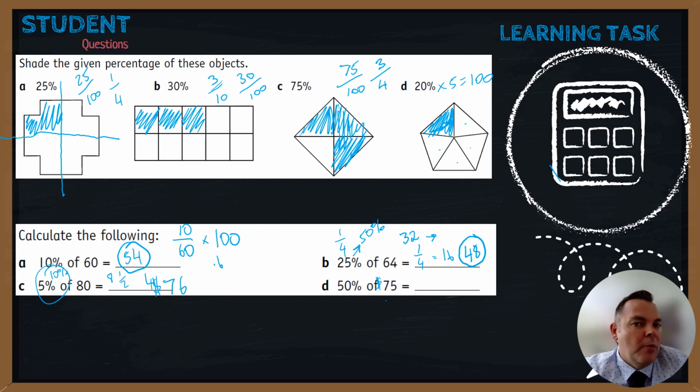So we need to figure out what half of $75 is. I can go round about, I can say, well, half of $70 is 35. And then half of $5 is $2.50. So I can do that.